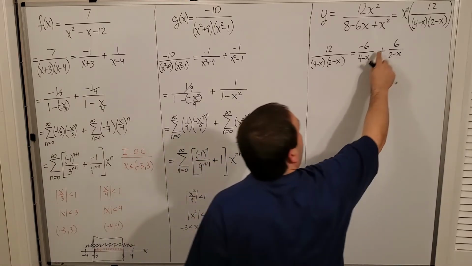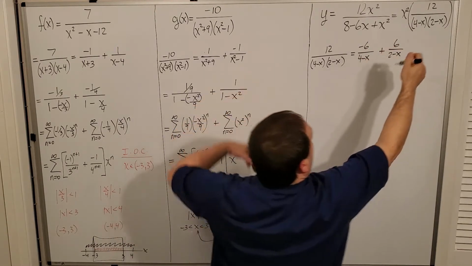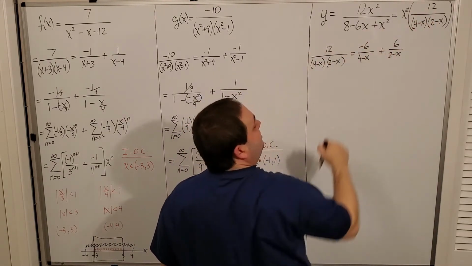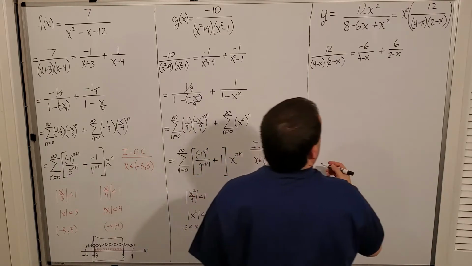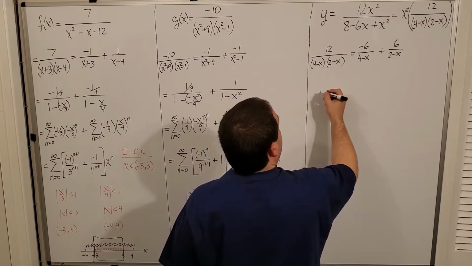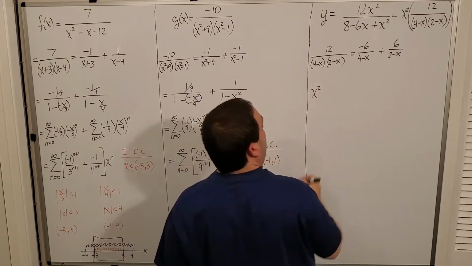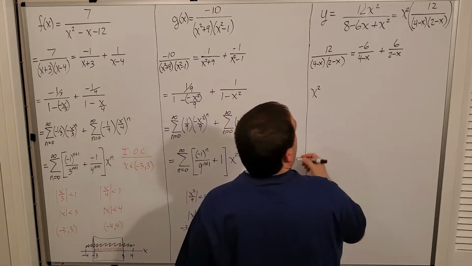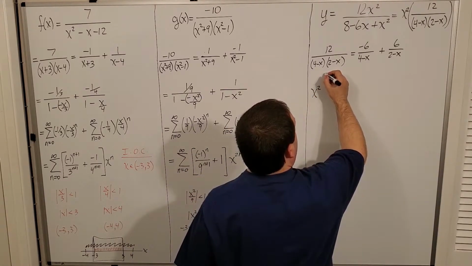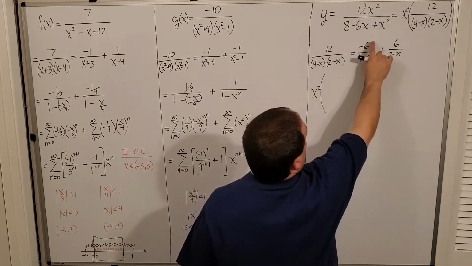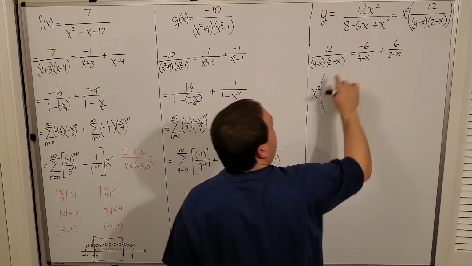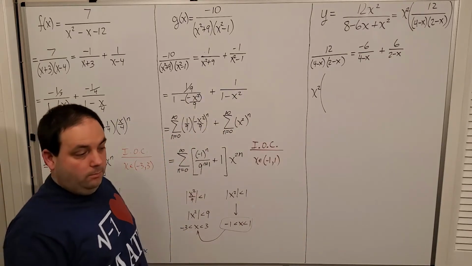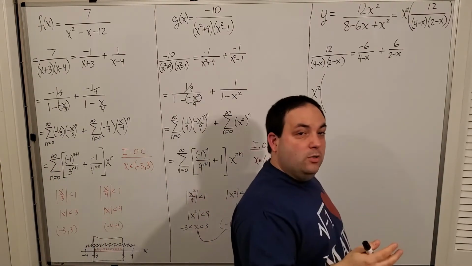So now I want to take both of these, and don't forget, we actually have an x squared times this whole thing, right? So I've got x squared now. I'm coming back to my original plan here. I've got x squared times, I'm going to arrange this so that I can rewrite it in a power series, right?